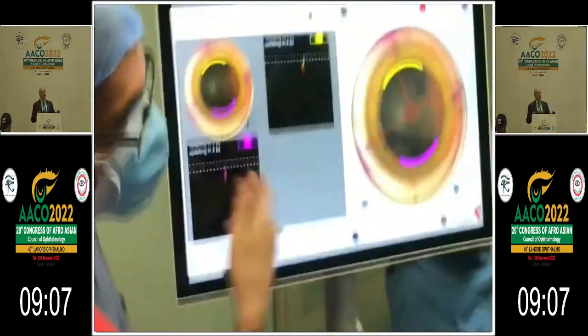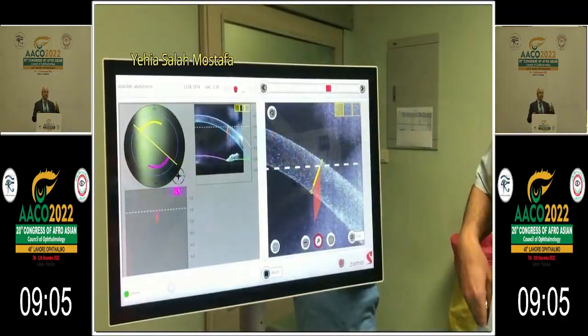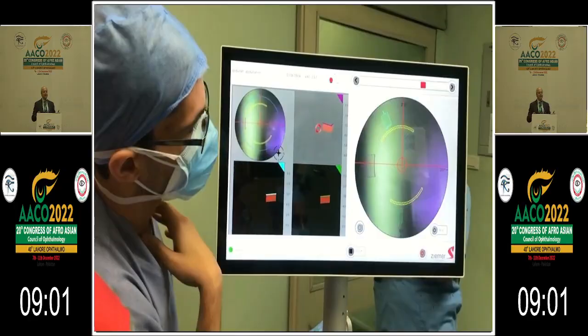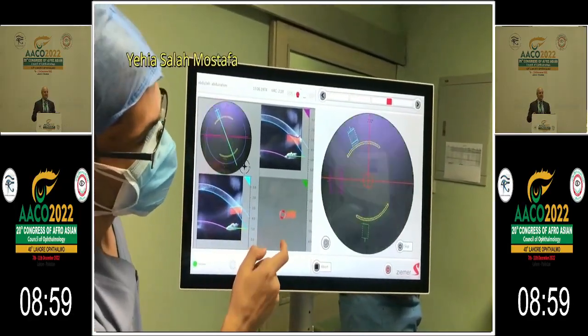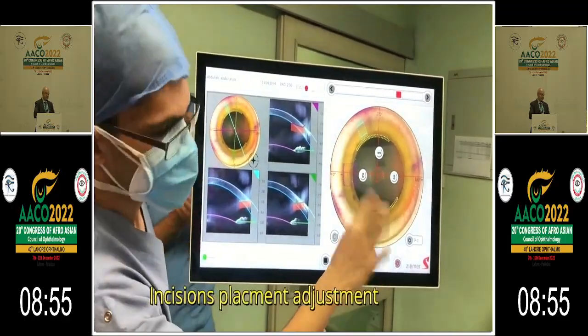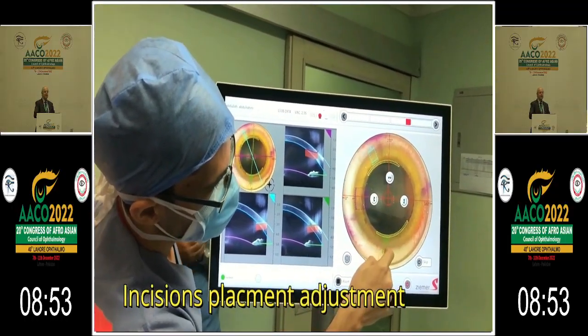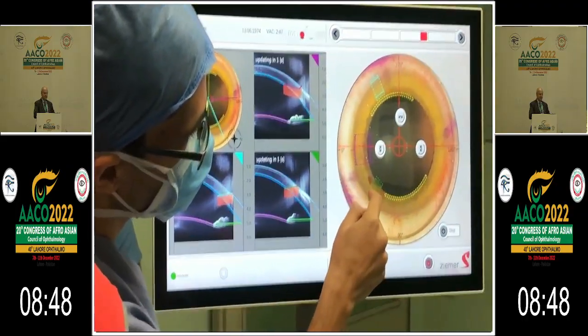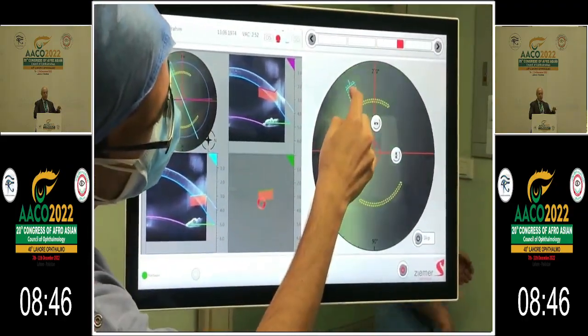In a shallow anterior chamber, one of the most important things is ease of capsular access, and the second is placing the incisions and making them properly watertight. So it's very simple to do, and you check everything with intraoperative OCT.